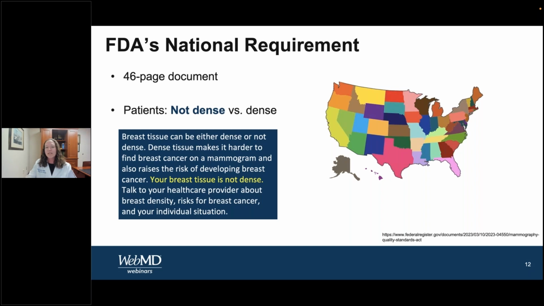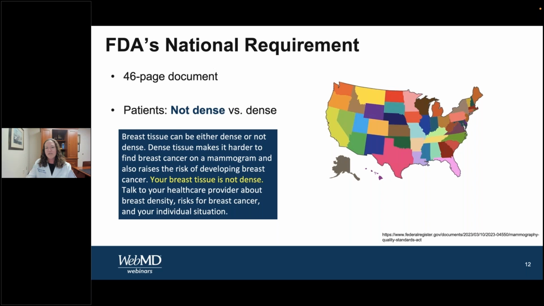So it says breast tissue can be either dense or not dense. Dense tissue makes it harder to find cancer on a mammogram, and it also raises the risk of developing breast cancer. Your breast tissue is not dense. Talk to your healthcare provider about breast density, risks for breast cancer in your individual situation. So that's the information you get after your mammogram if you do not have dense breast tissue.